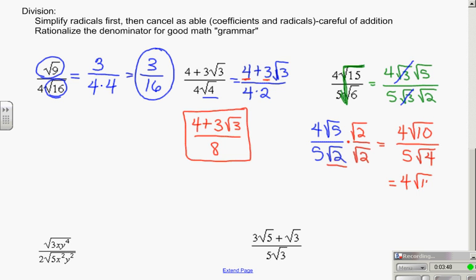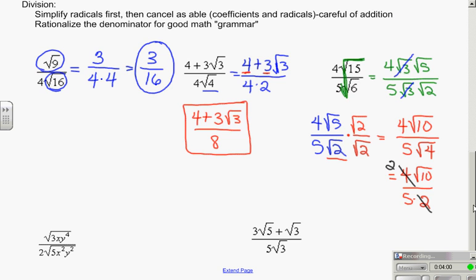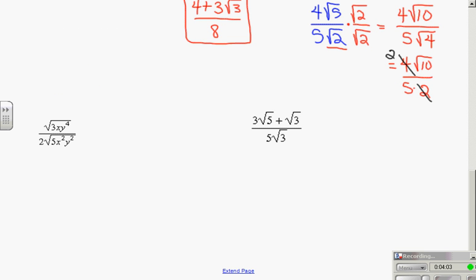What is radical 4? 4 radical 10 over 5 times 2. And what often will happen when you rationalize the denominator is you end up being able to cancel. And so my answer here is 2 radical 10 over 5.